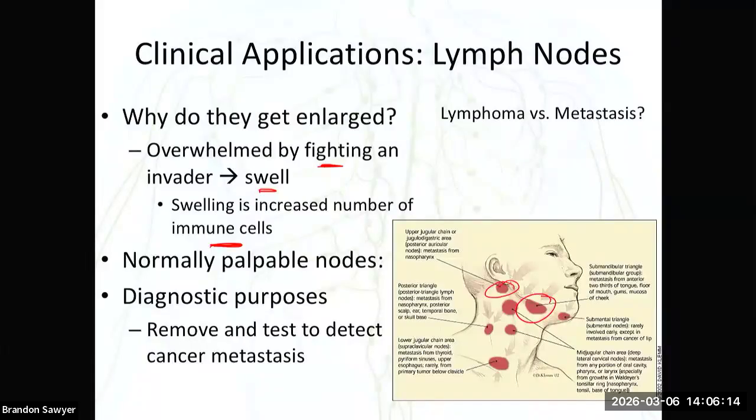They're also used for diagnostic purposes with cancer, right? If you have a tumor that is releasing cells and those cells are spreading all over the body, then there's a good chance that you're going to find some of those cells in a lymph node, okay? So if somebody has a tumor, for example, breast cancer, then they're going to check lymph nodes close to the breast.